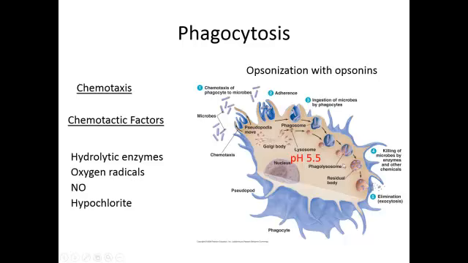Some of the breakdown products, amino acids, carbohydrates, lipids, a little bit of nucleic acids, can be used as food, as sources of energy for the phagocyte. Whatever's left over is exocytosed by the phagocyte. Spits them out.